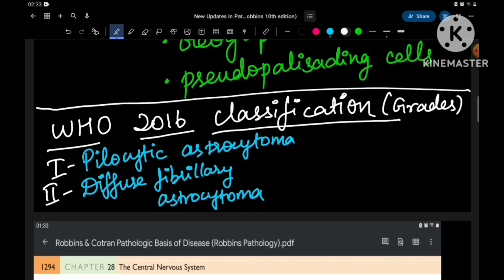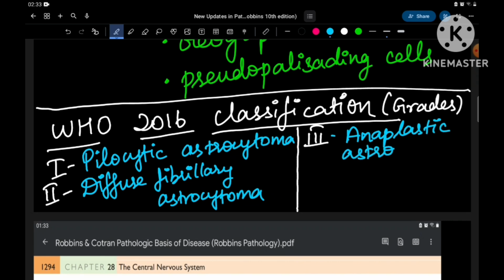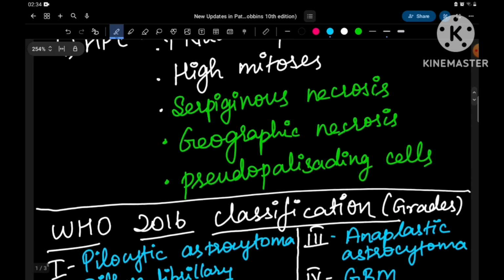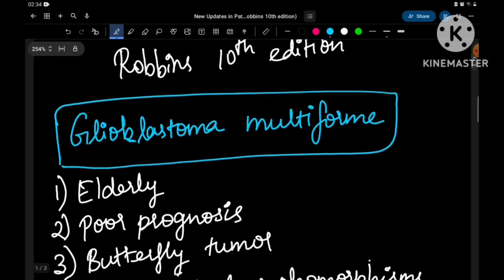The third one, third grade, is anaplastic astrocytoma. And fourth grade is GBM, that is nothing but glioblastoma multiforme.